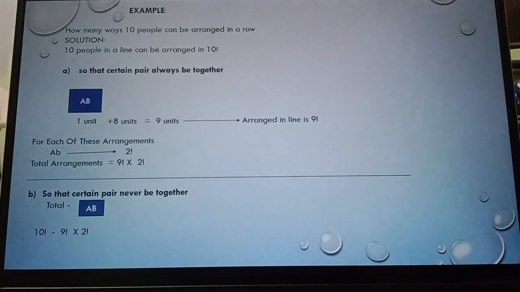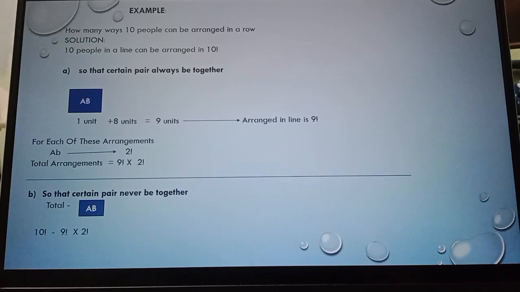Next, let us understand with a better example. How many ways can 10 people be arranged in a row? Here they didn't mention any condition that only 6 places or 4 places are there. So we can arrange 10 people in 10 factorial ways.